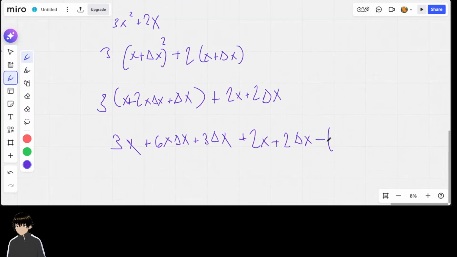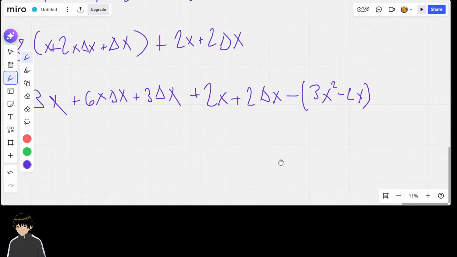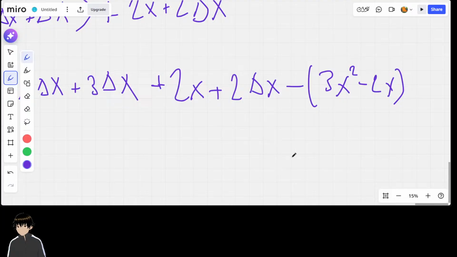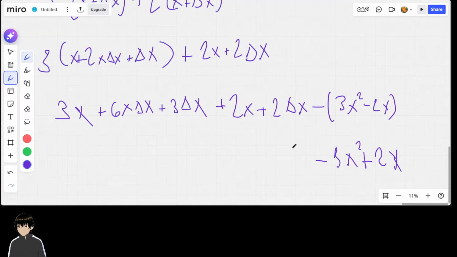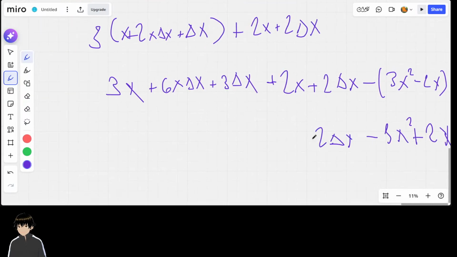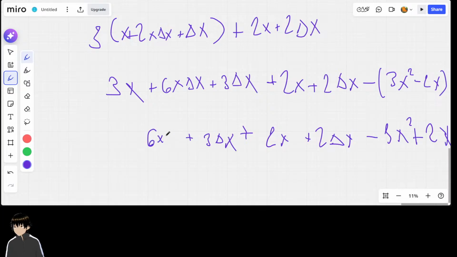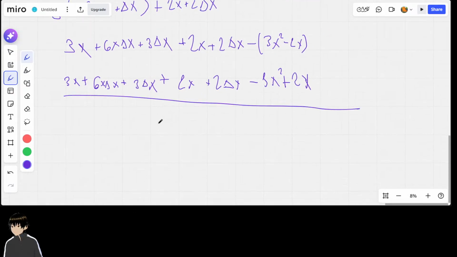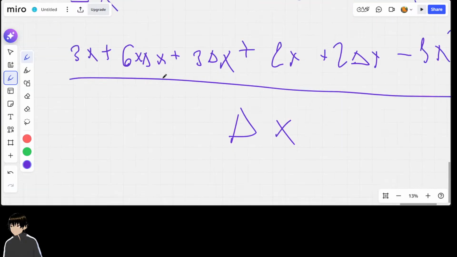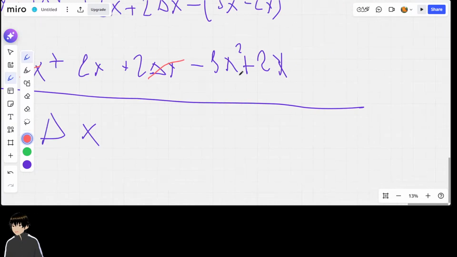Then we minus it by the function, which is 3x squared minus 2x. So that it's going to be negative and then positive here. So negative 3x squared positive 2x, and we just write it down from there. Plus 3, then we divide.